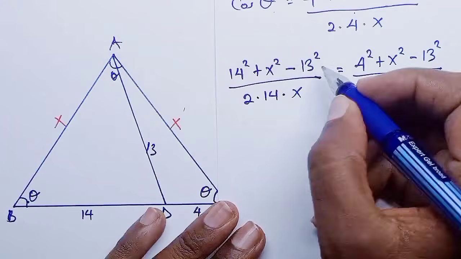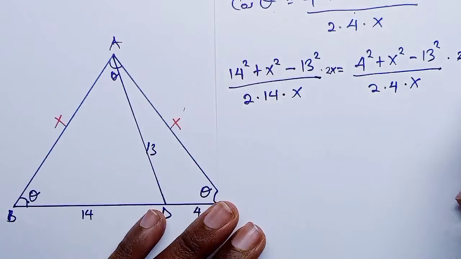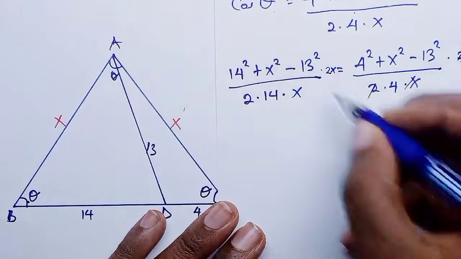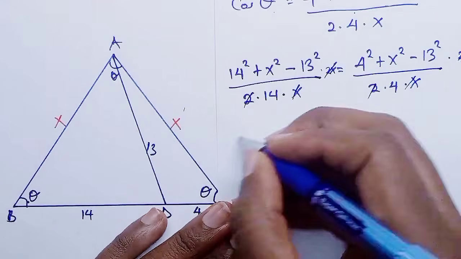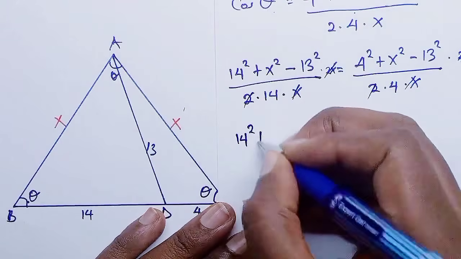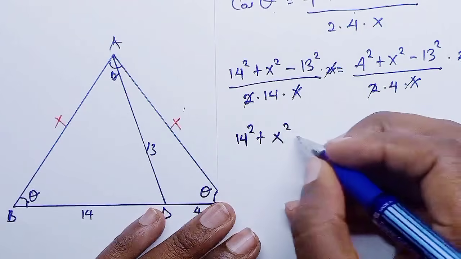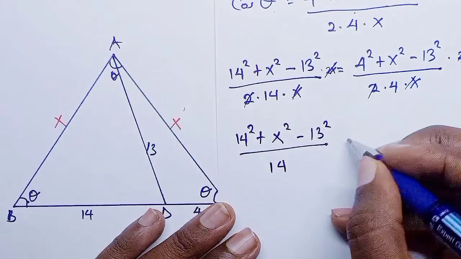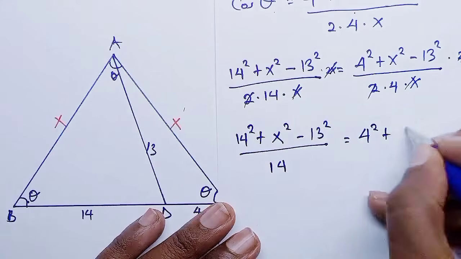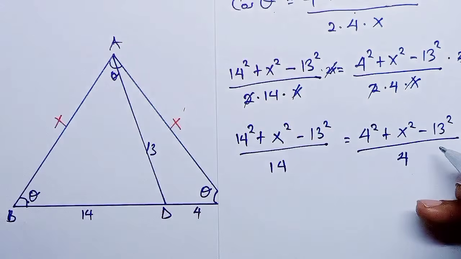So when we multiply both sides by 2x, this 2x cancels with this, 2x cancels with this. So we are left with 14 squared plus x squared minus 13 squared over 14 being equal to 4 squared plus x squared minus 13 squared over 4.